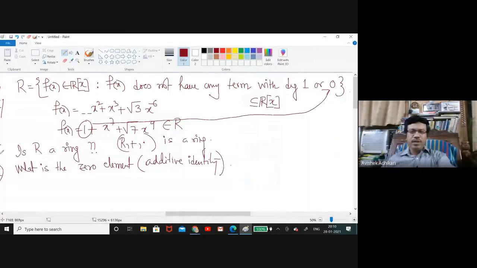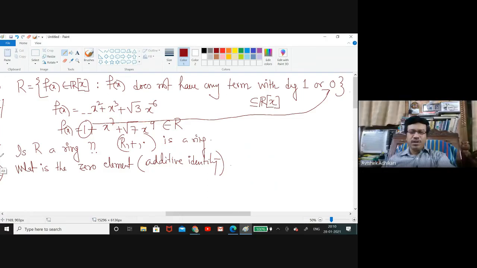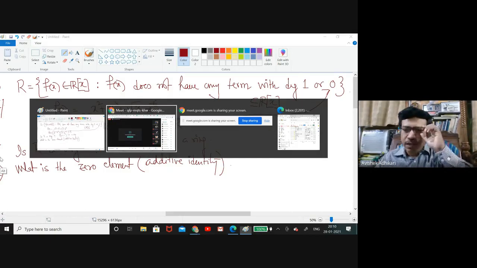Okay, but do you believe that R must be a ring, or do you now have a doubt that R may not be a ring because you might have some crisis with the zero element? Yes, sir. Now I am starting to doubt it. Okay, yes, doubt is good.